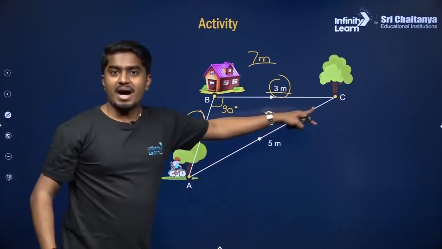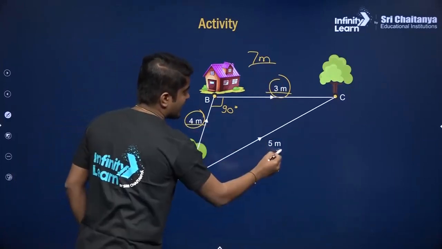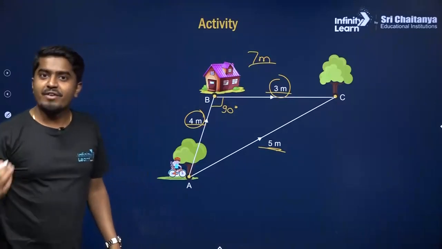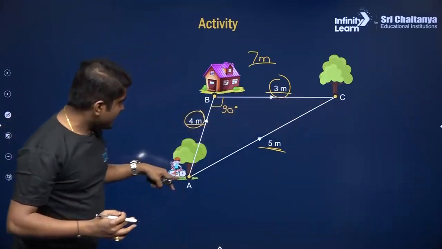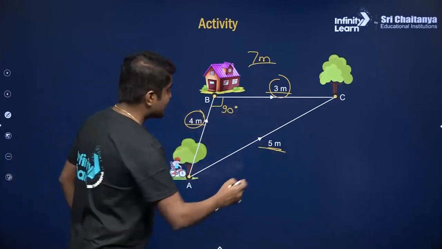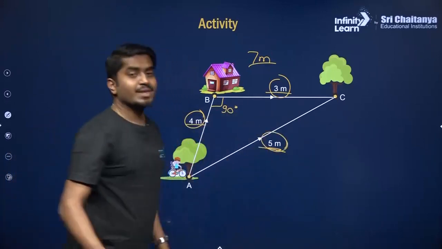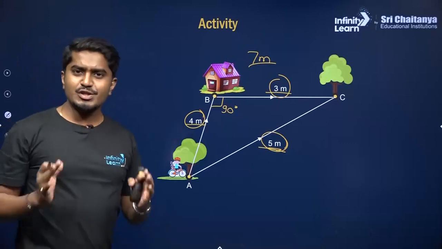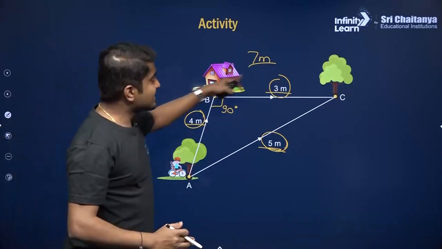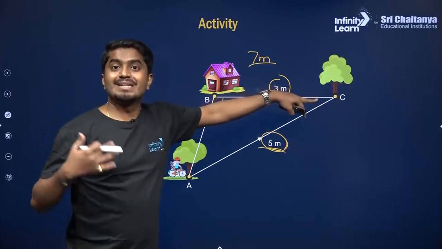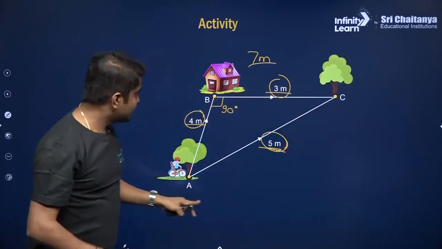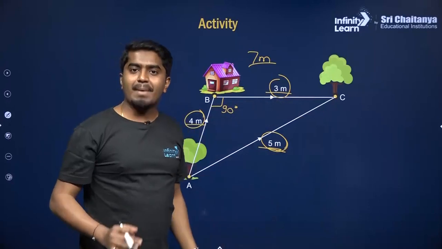Another path is a straight line with length 5 meters. This is the shortest path, so the displacement is going to be 5 meters. Understood now? The distance may be 7 meters or 5 meters, but the displacement is only the shortest path.